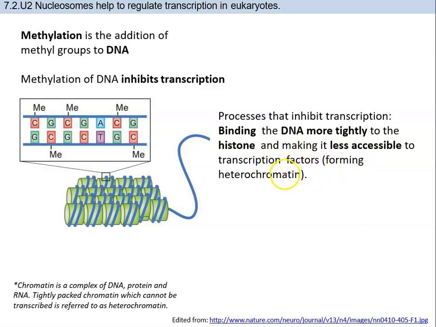And in this case, it is forming a heterochromatin, not the euchromatin. So when the DNA structure is wrapped up like this and becomes not accessible for transcription, then we call it heterochromatin.